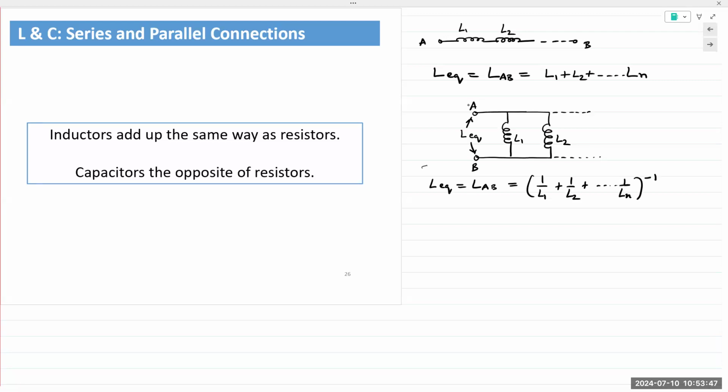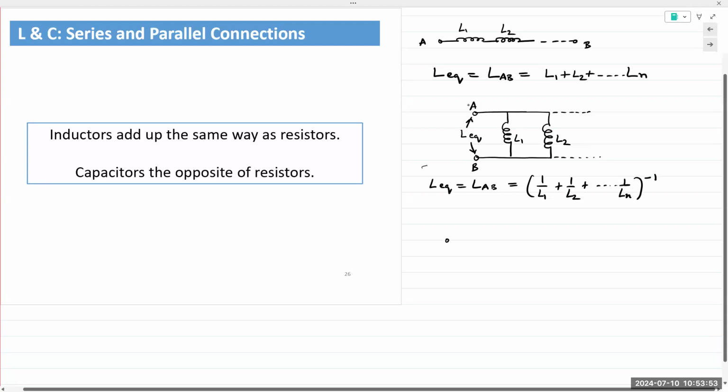Capacitors are the exact opposite. For capacitors in series, C_eq, the total equivalent capacitance between the outer terminals A and B, is 1 over C1 plus 1 over C2 up to 1 over Cn, and then the reciprocal.